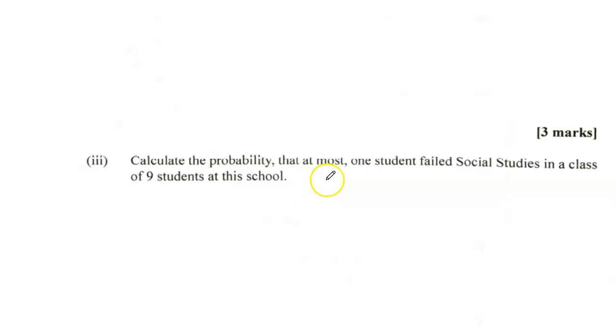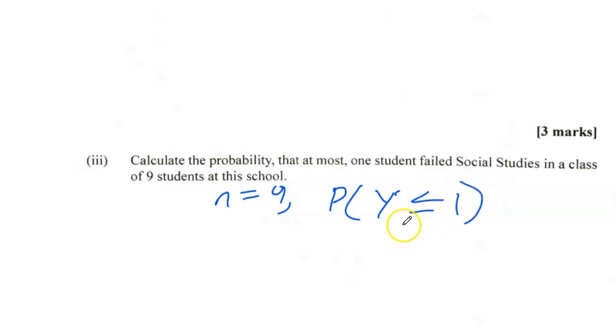Calculate the probability that at most 1 student failed the social studies exam in a class of 9 students at the school. So n is 9, the number of trials is 9, and we want the probability that Y is less than or equal to 1.